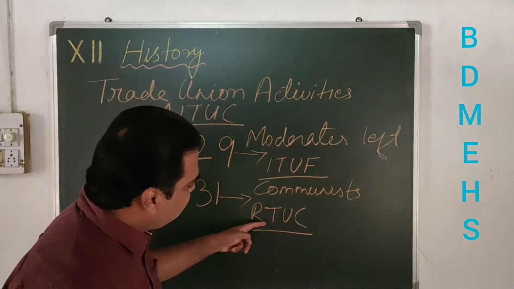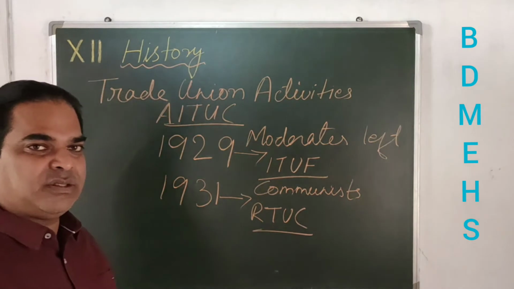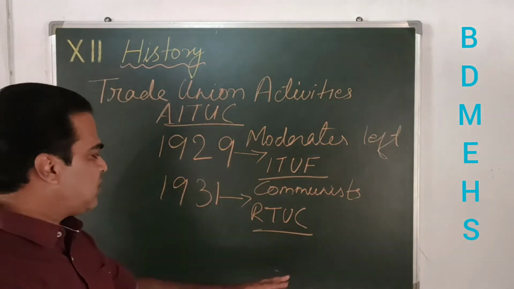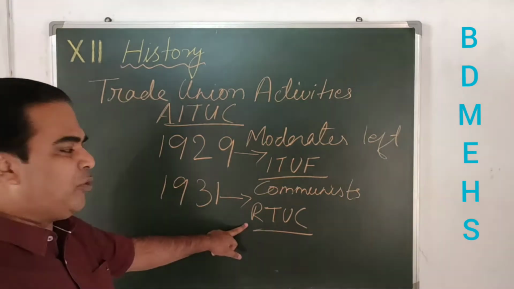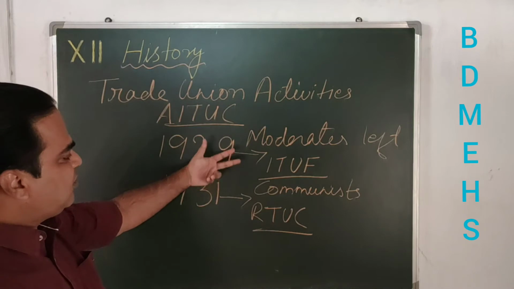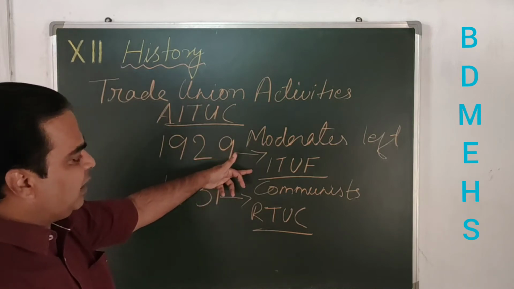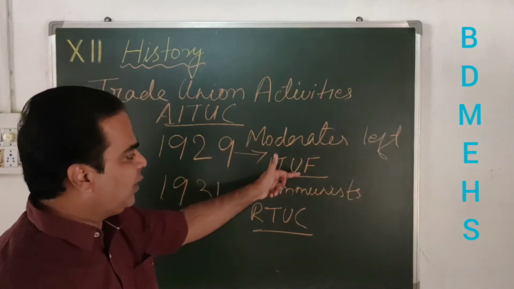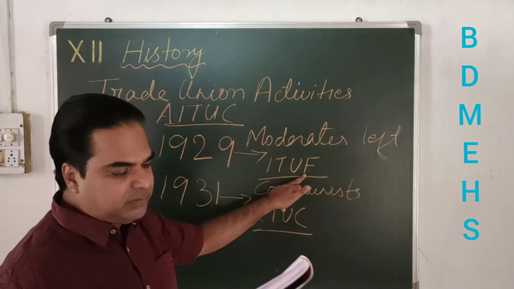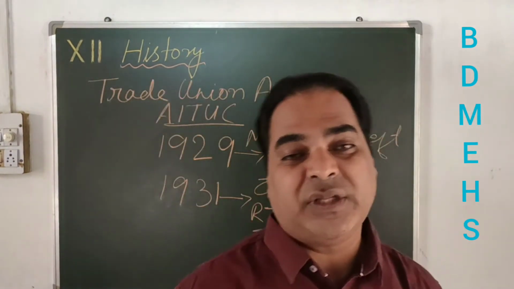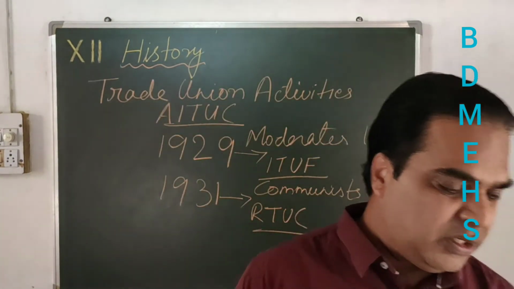So the Communists left the All India Trade Union Congress and formed the Red Trade Union Congress. So there was a split of AITUC into two parts, the Indian Trade Union Federation and the Red Trade Union Congress. This is the split of the Indian trade unions.